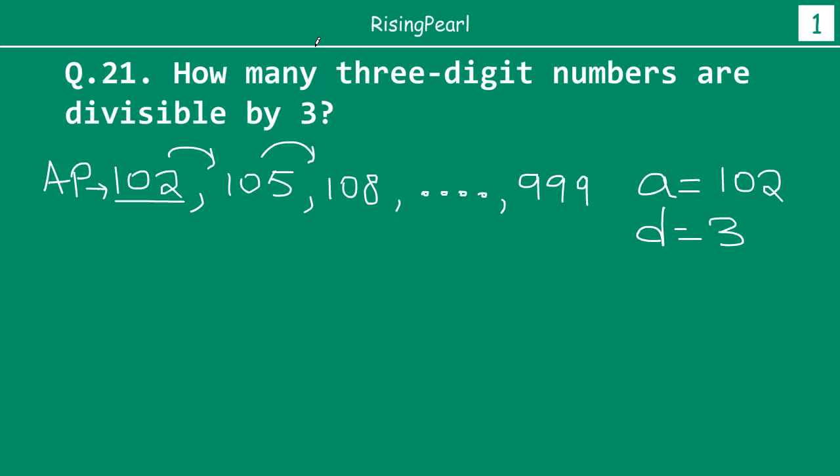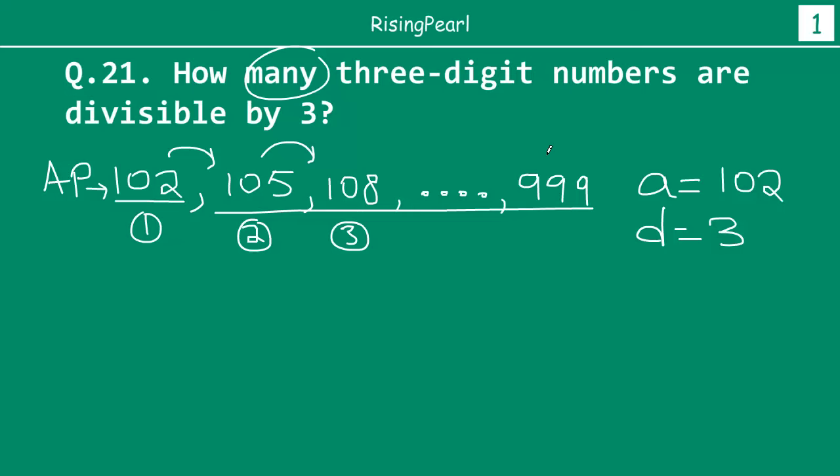What we have to find out is how many such terms are there. This is the first term, this is the second term, this is the third term. So how many such terms are there?